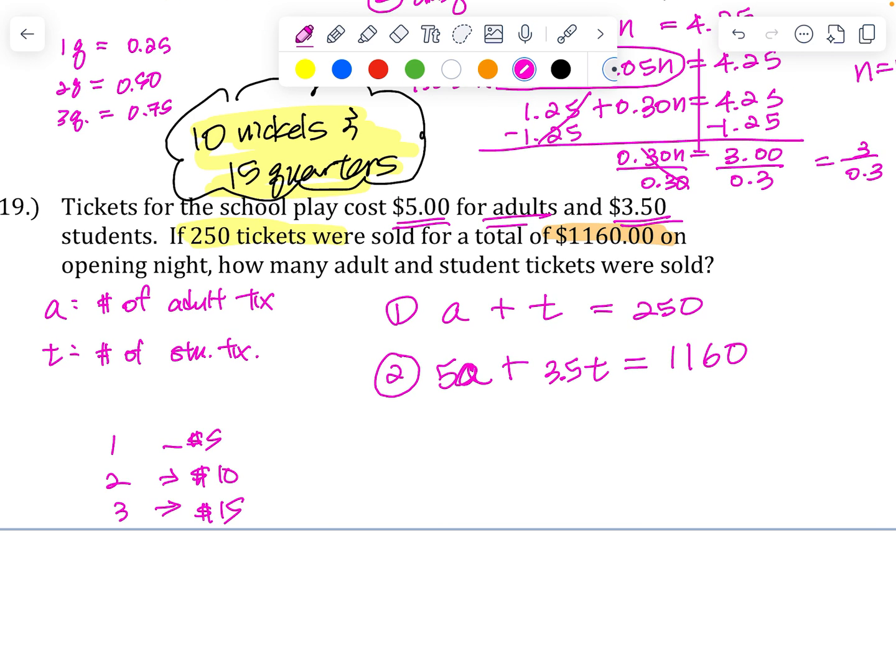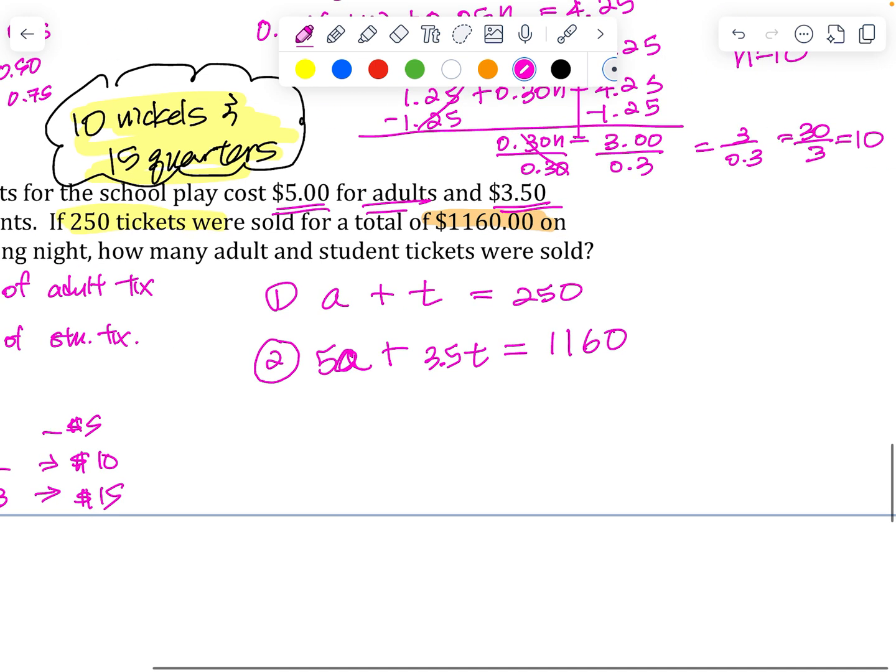I guess I can use the elimination method. You can use whatever you want. I'm going to use elimination. Maybe multiply everything by -5 here.